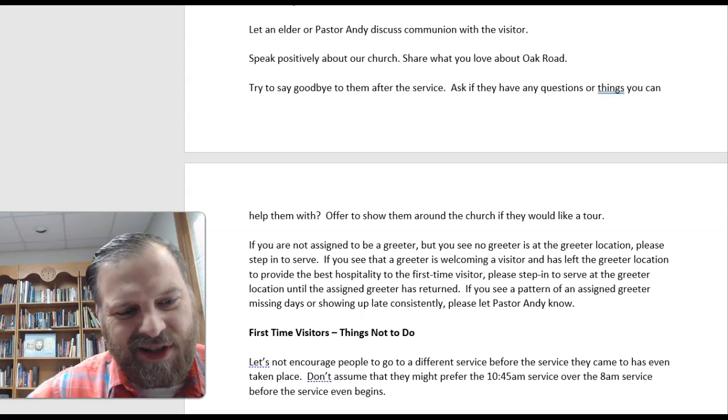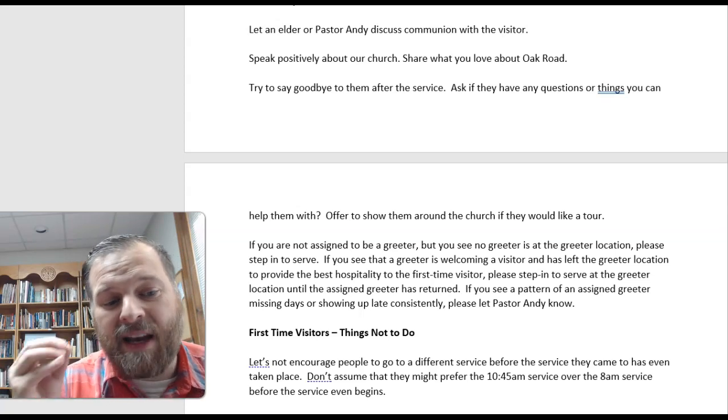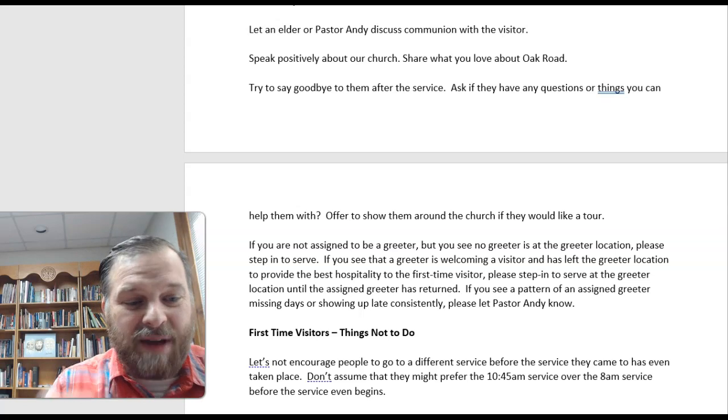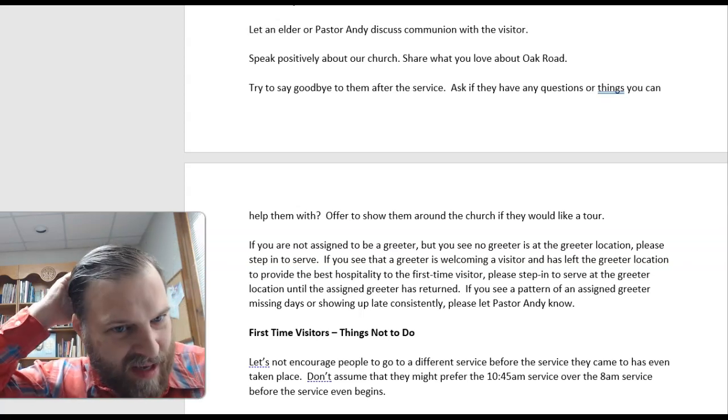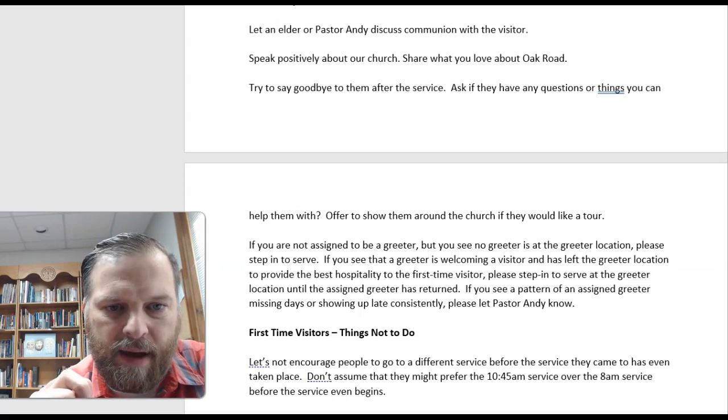So let's avoid that. Sometimes such individuals, they've probably been on our website. They may know what's at each service and have intentionally chosen to come to the first service because maybe it is more traditional. But speak positively about our church, and make sure they know what you like about it.